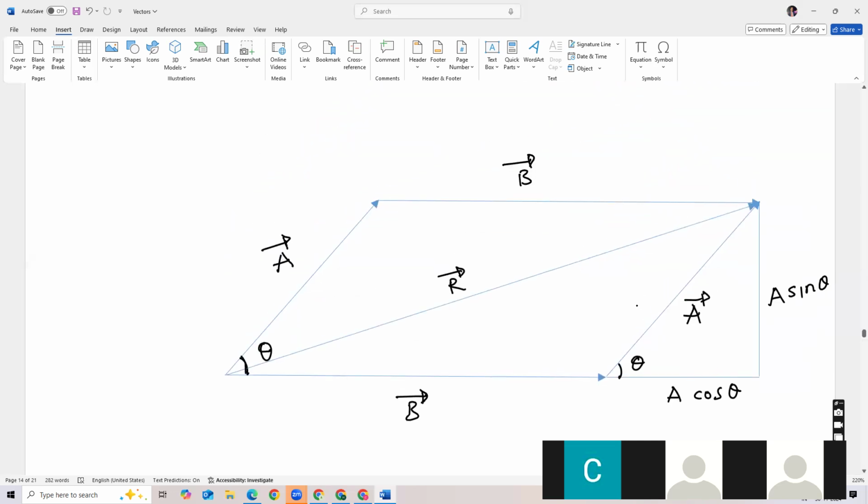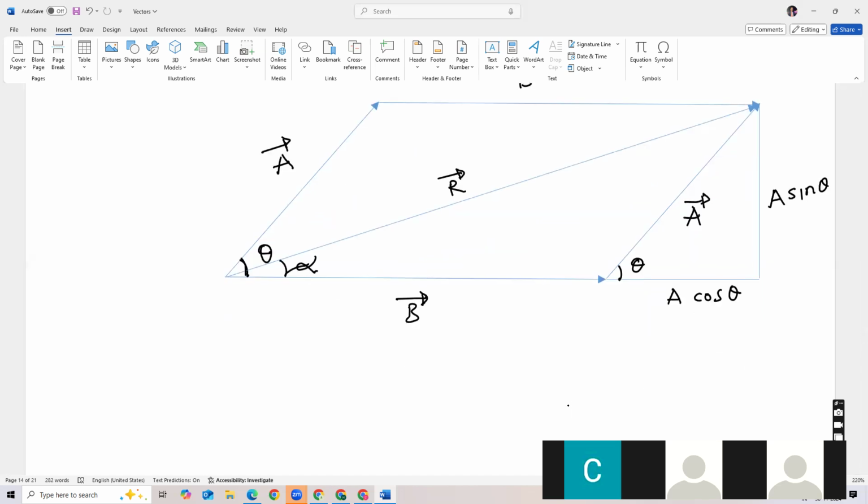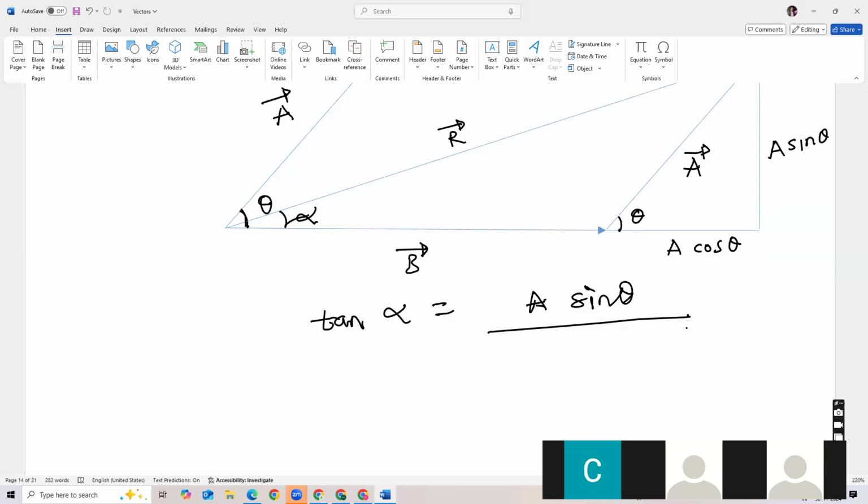Now from trigonometry, let's say this resultant is making angle alpha with vector B. So tan alpha can be written as A sine theta, because this is opposite upon adjacent, divided by B plus A cos theta.